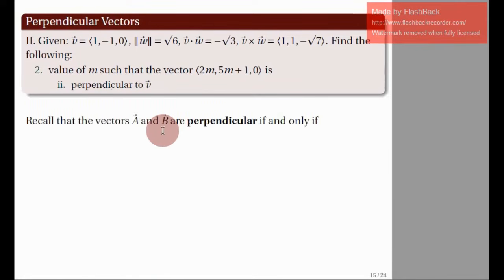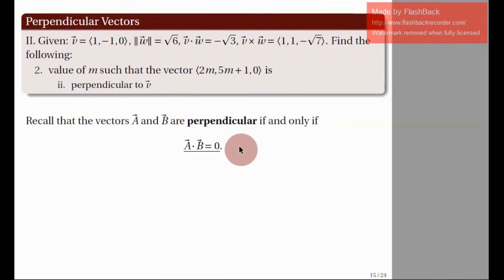So again, once more, recalling, we can find out if two given vectors, say vector A and vector B, are perpendicular if and only if their dot product is equal to 0. Recall before, for two vectors being parallel, their cross product is equal to the 0 vector.